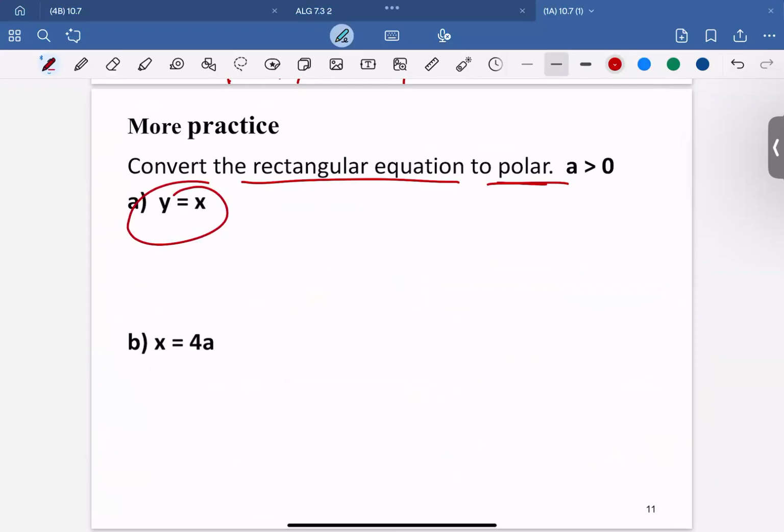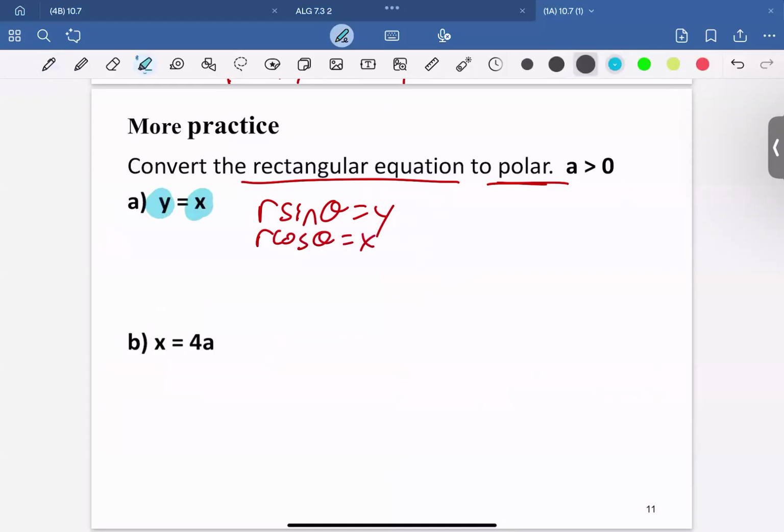But what's going to be really helpful for us is actually using r sine theta equal to y and r cosine theta equal to x. Because if you look at this, we have x and y values that are just waiting to be used. So we're just going to plug those in.